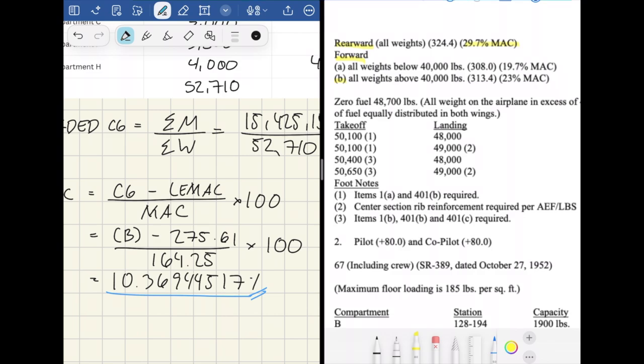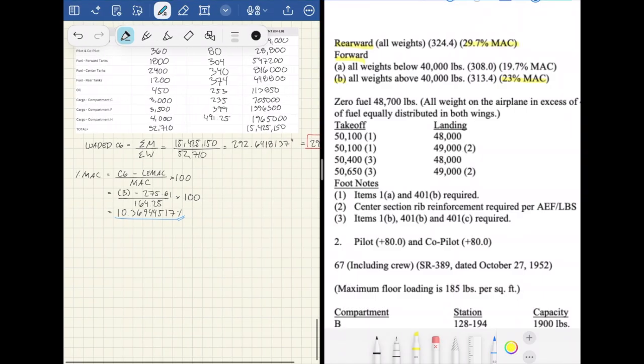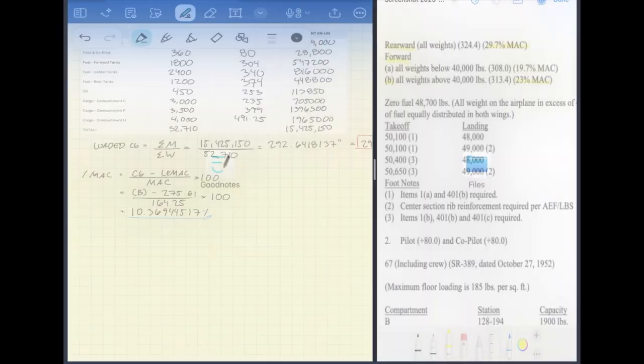And then sa forward, we have a limit of 23% MAC. Ngayon, pasok ba siya sa limit? Hindi. So, now, we are going to try another formula para we will try to solve the CG, yung pasok naman siya. Okay, so let's put it into practice.